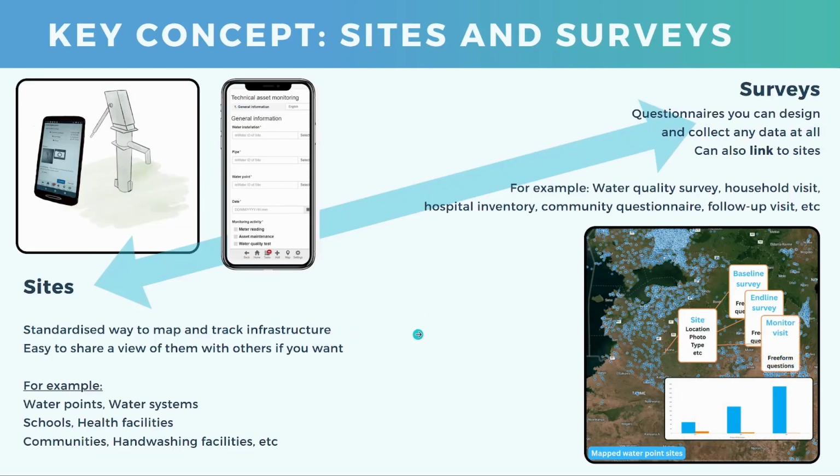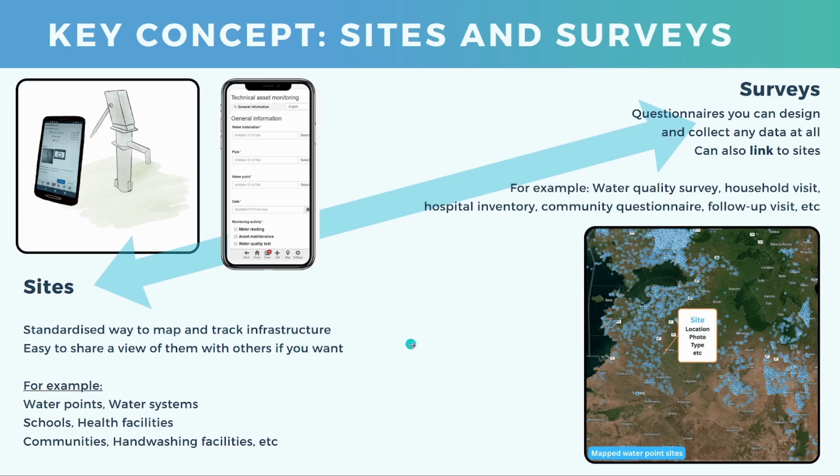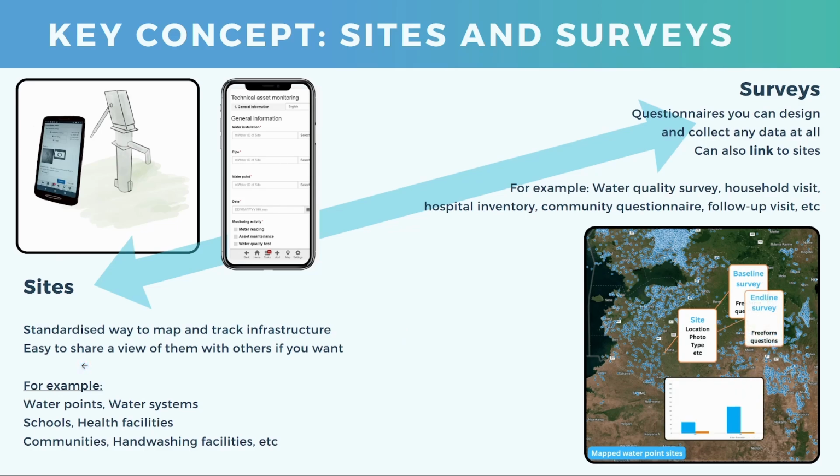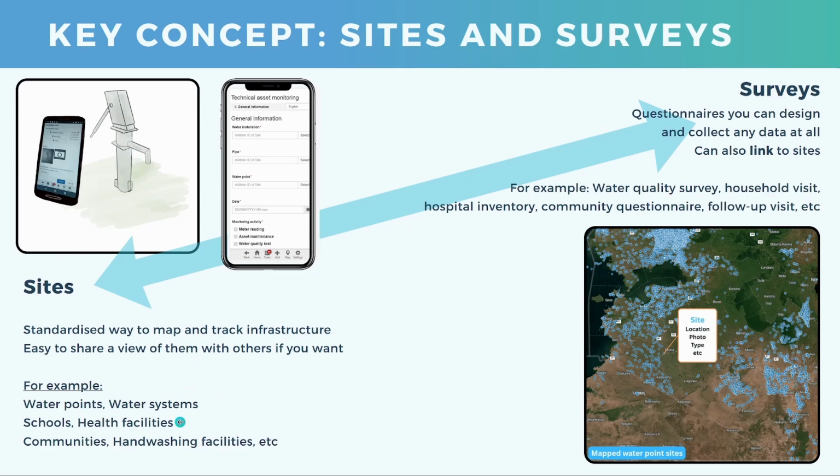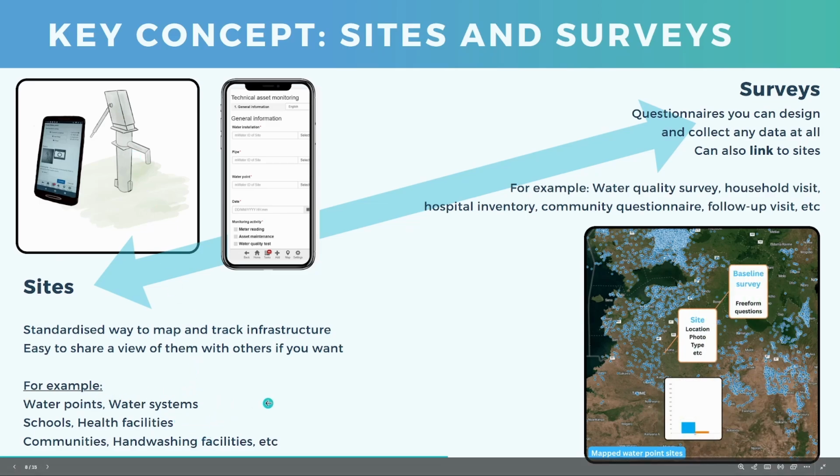One key concept to take away that sets Solstice apart and makes it sustainable is the differentiation between sites and surveys. Sites are a standardized way to map and track infrastructure, which are easy to share with others if you want. This means that things like water points, boreholes, wells, water systems, schools, health facilities, hand washing facilities, and so on.